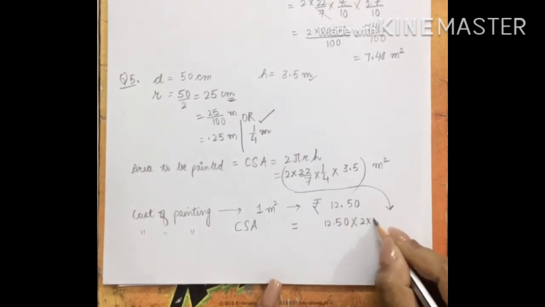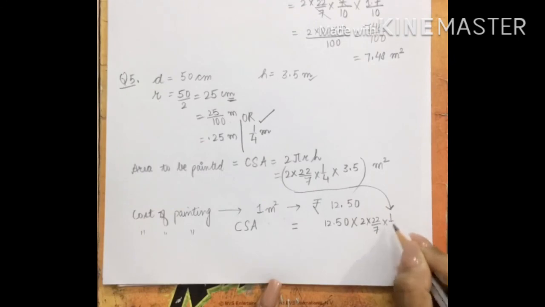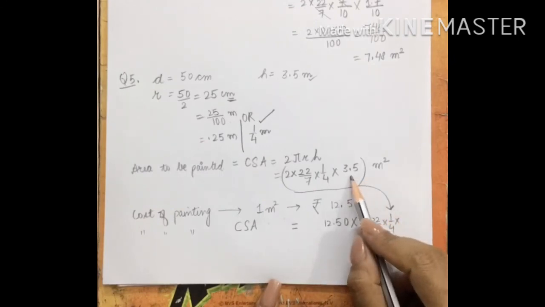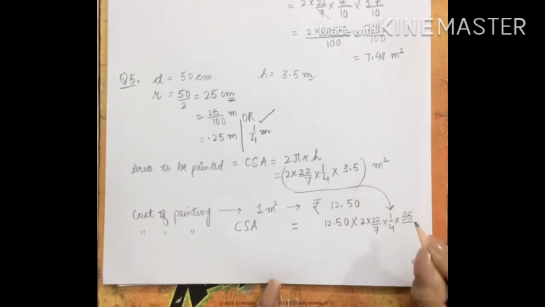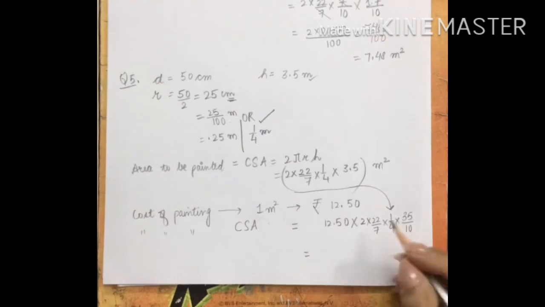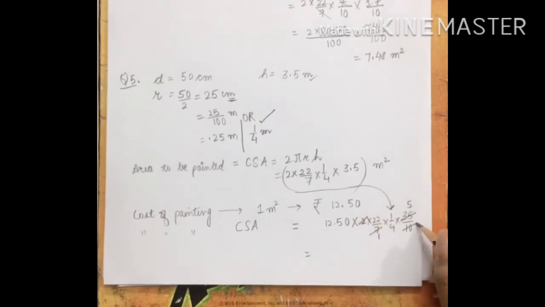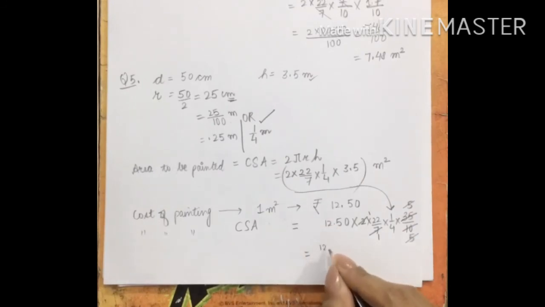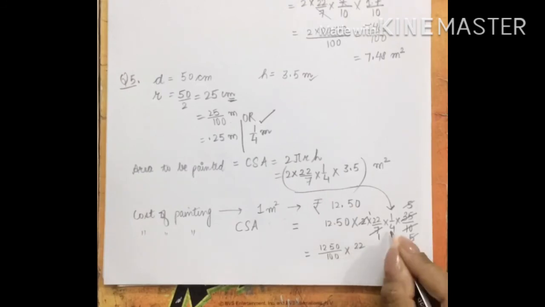So 2 into 22 by 7 into 1 by 4 into 35 can be written as, 3.5 can be written as 35 by 10. Now simplify and obtain your answer. So 7 and 35 get cancelled. 2 and 10 get cancelled. 5 and 5 get cancelled. Let's write this as a fraction. This is 1250 over 100 into 22. I've got 4.